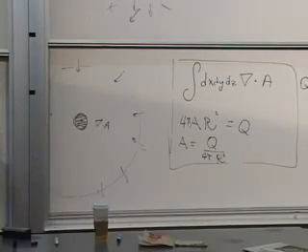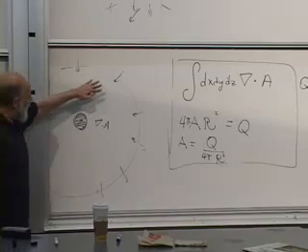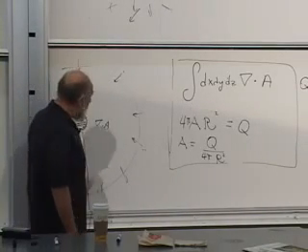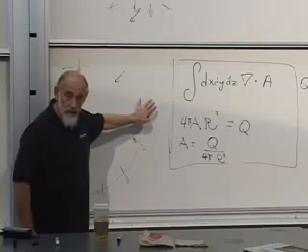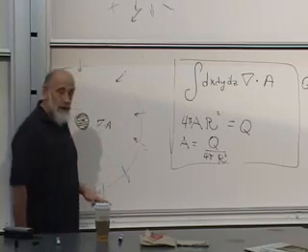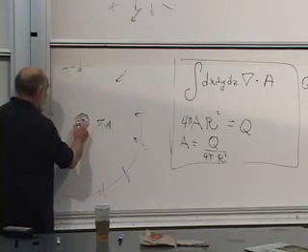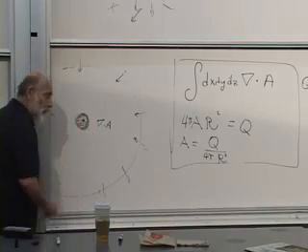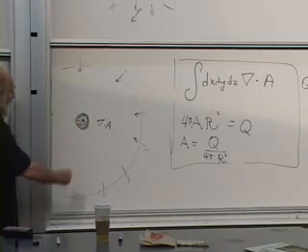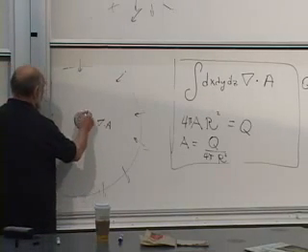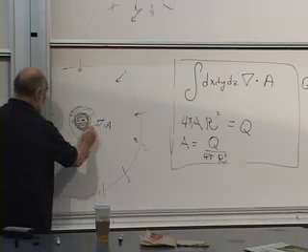Newton's theorem in the gravitational context says that the gravitational field of an object outside the object is independent of whether the object is a point mass at the center or a spread out mass this big.